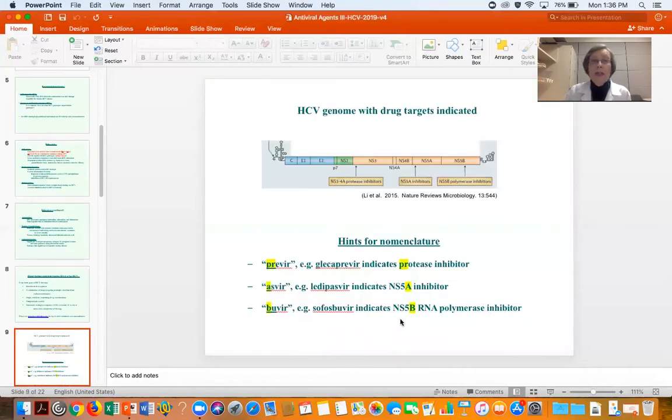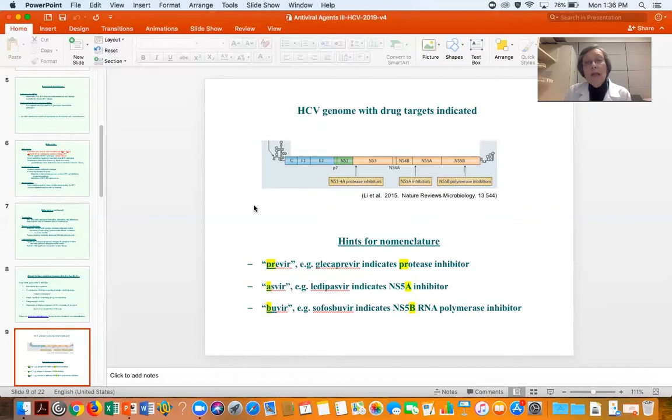So this is the HCV genome, and it shows the 3 targets. First, the NS3/4A, which is a protease inhibitor, NS5A inhibitors, which inhibit a gene that we don't know exactly what it does, but it's a very good target for antivirals. And then NS5B, which is the RNA polymerase.